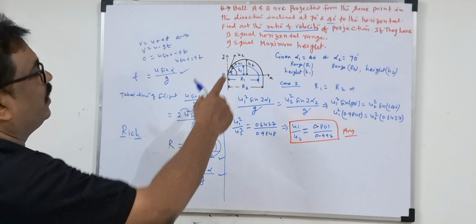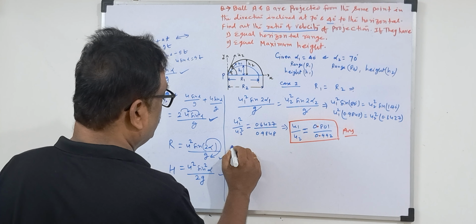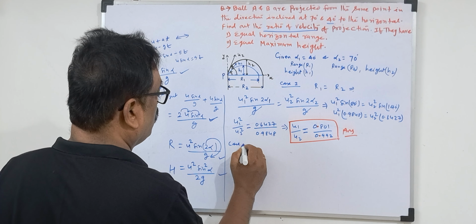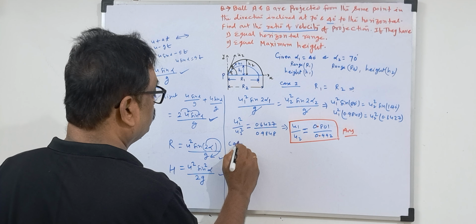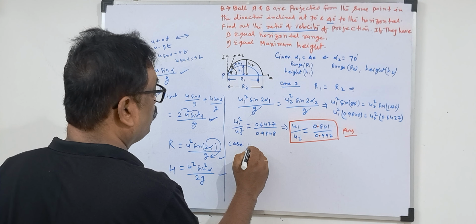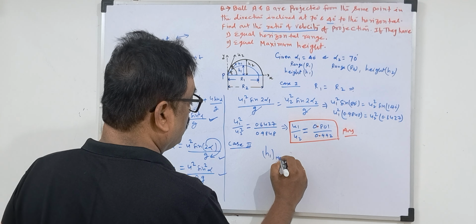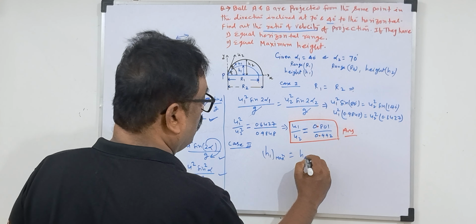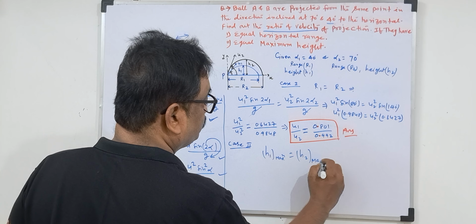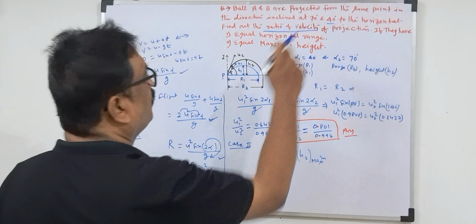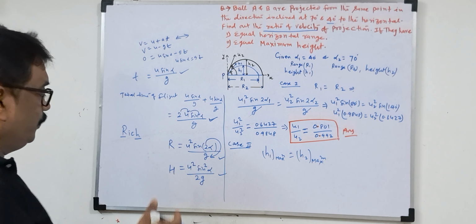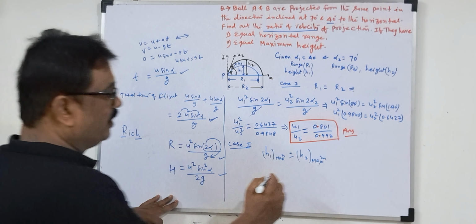Now second, what if the maximum height is equal? So that means case 2. What is given? H1 max equal to H2 max. If the maximum height is equal, then you know the formula for height, which we already derived here.